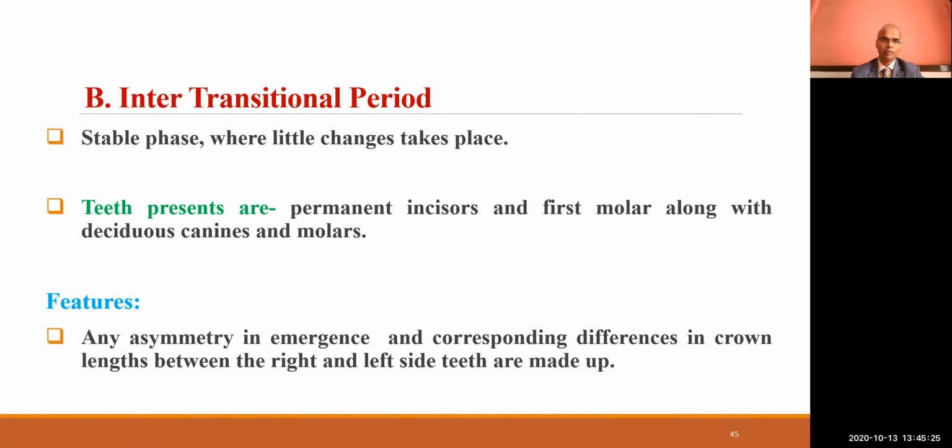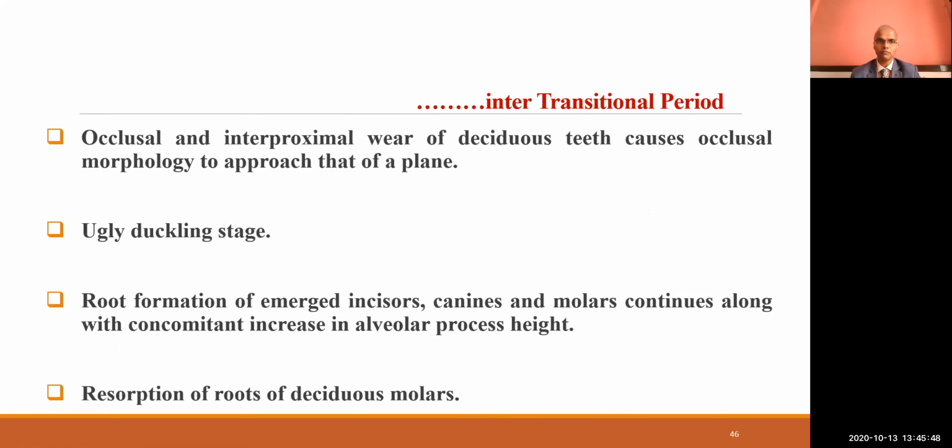In this period, there is very little or no change. The teeth present are the permanent incisors and first molars along with the deciduous canines and molars. The features of the intertransitional period are any asymmetry in emergence and the corresponding difference in crown length between the right and left side teeth being made up.